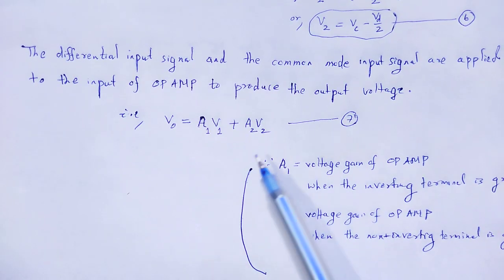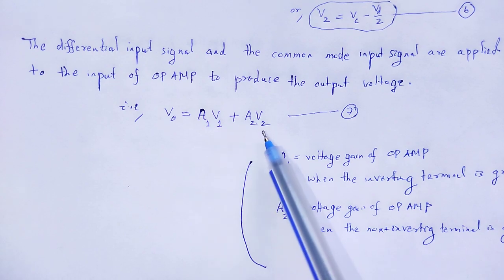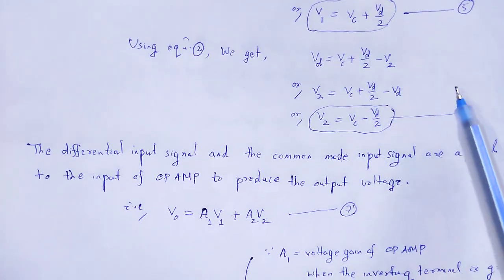In equation number 7, we can put the values of V1 and V2 as we derived.